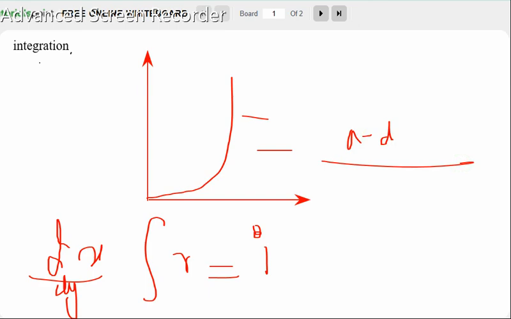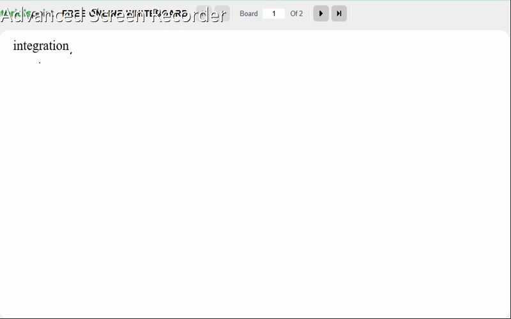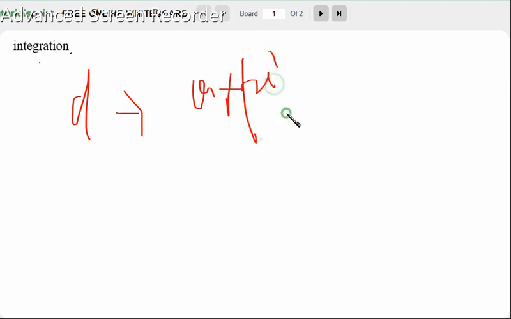So integration is a type of reversing the process of derivation so that we can find the original function, let it be f(x), from the rate of change in a curve.